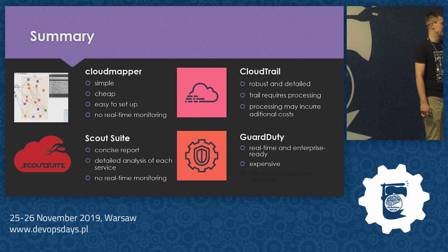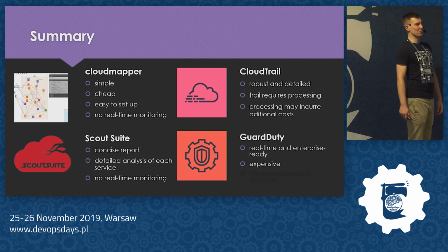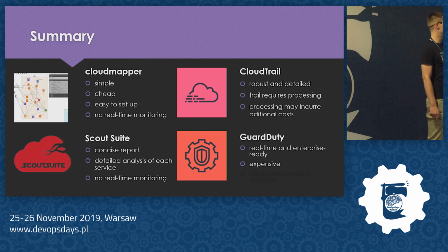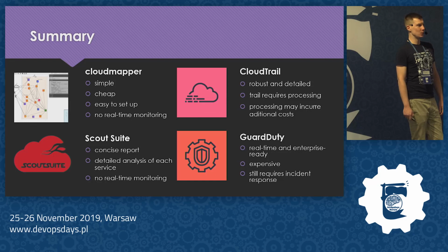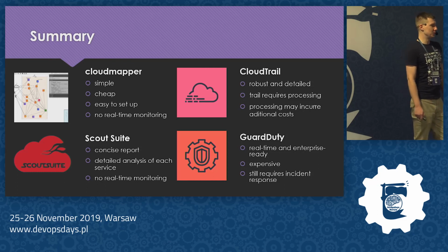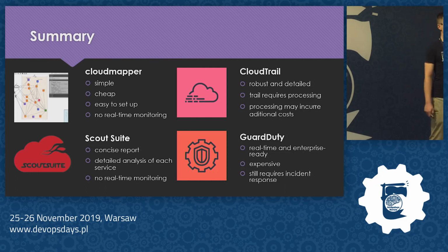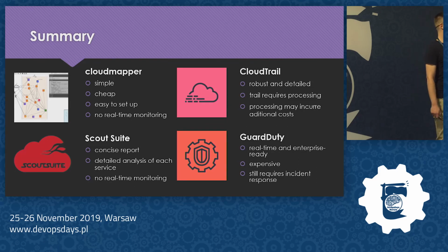Obviously, during 30 days, you basically will have this baseline established, and you still need to run it for a few more weeks, months to get some cool results out of it. And it still requires some incident response. So I've shown an example of how you can automate it, but still with the alerts that you get, you need to have a team that will respond to these alerts. Otherwise, it doesn't make really much sense to know about them.